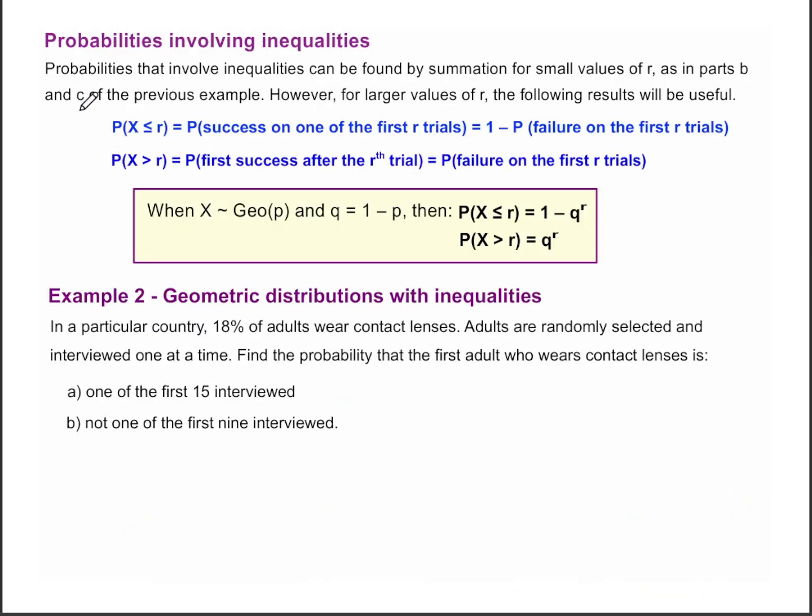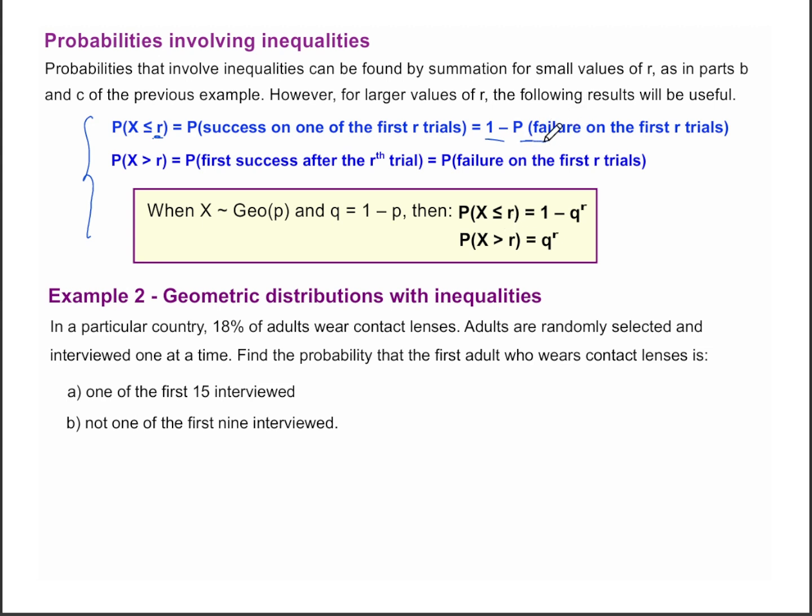Next, whenever we are told to find probabilities that involve inequalities, like how we saw in part B and C in the previous example, we can use these following formulas, where the probability that it happens on the rth attempt or before that will just be 1 minus the failure of the first r trials.